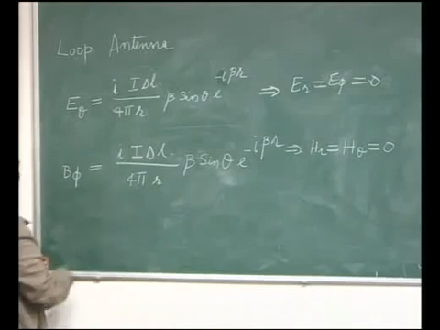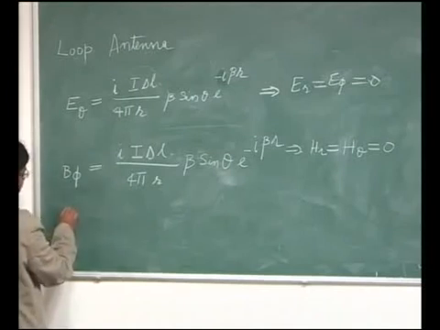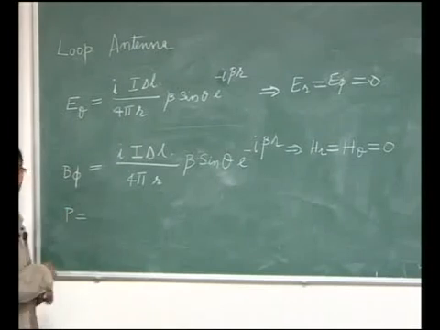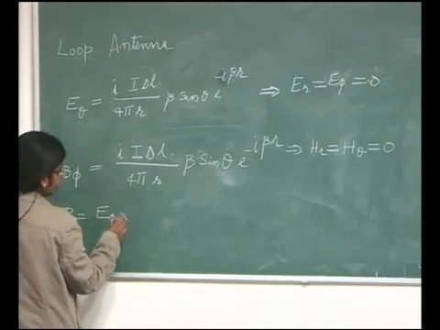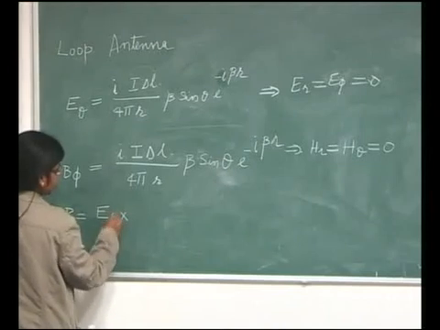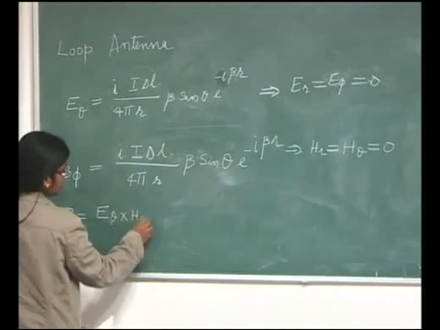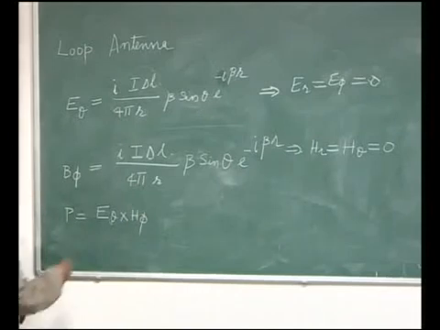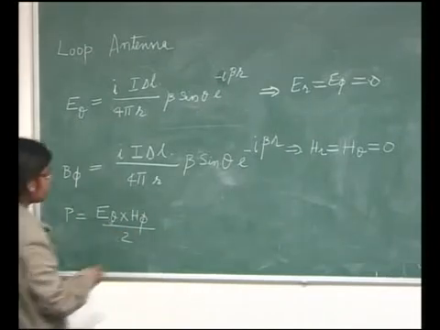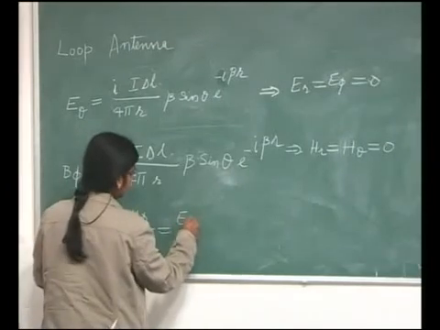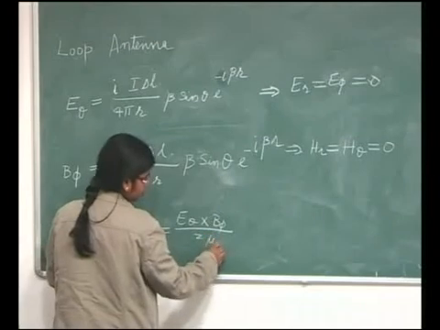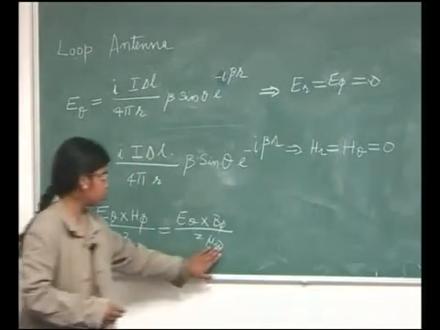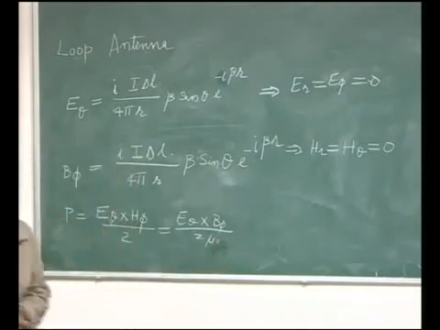So, in order to find the power from the Poynting vector, P will be equal to E phi E theta cross H phi by 2, average power. Okay. And this is equal to E theta cross B phi divided by 2 mu naught. ठीक है.